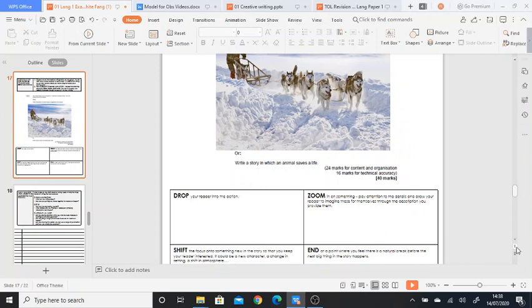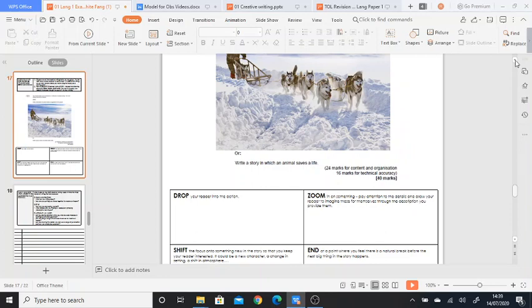And then the other part of it is write a story in which an animal saves a life. You could write any kind of story in which an animal saves a life. You could replicate a story like White Fang, so you can have a similar story to that, or you can have a different story altogether.